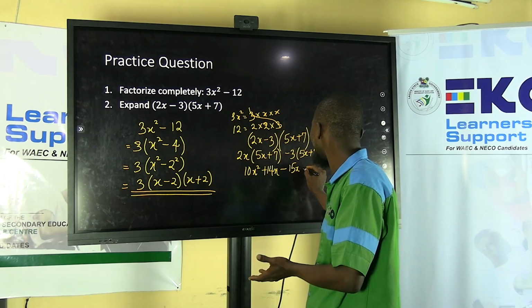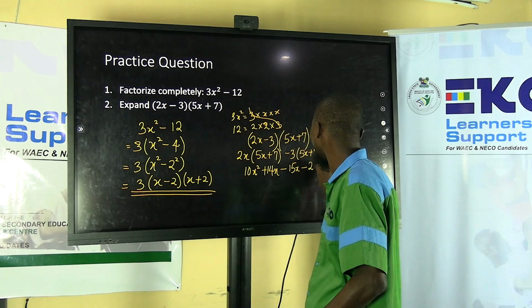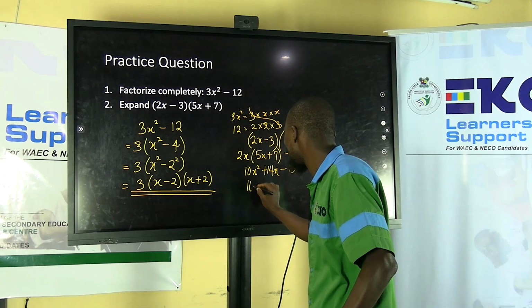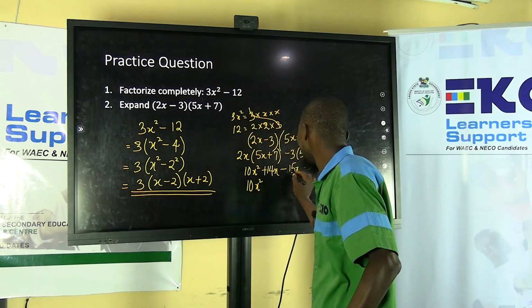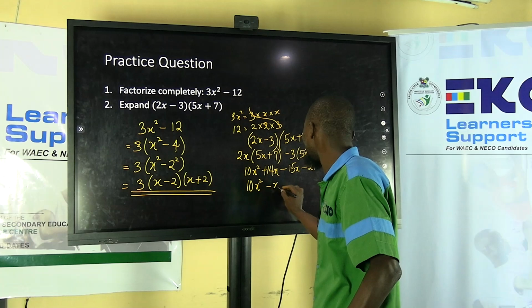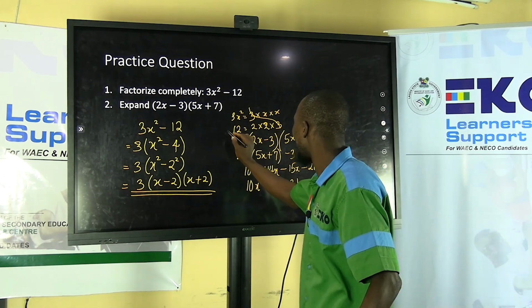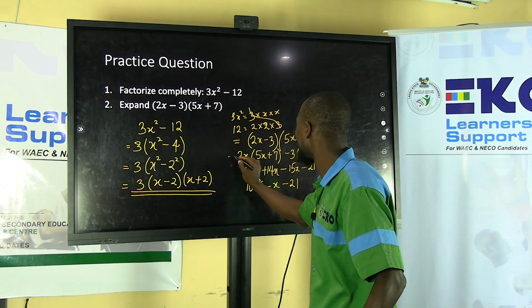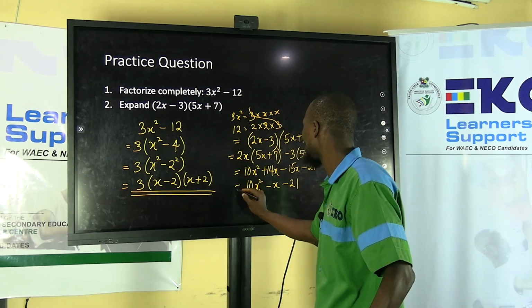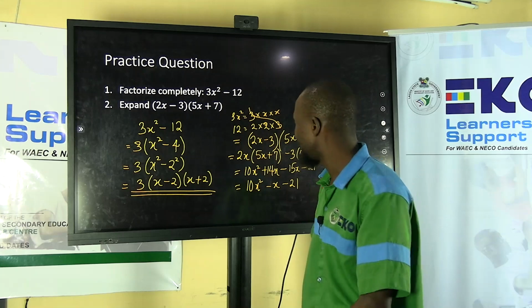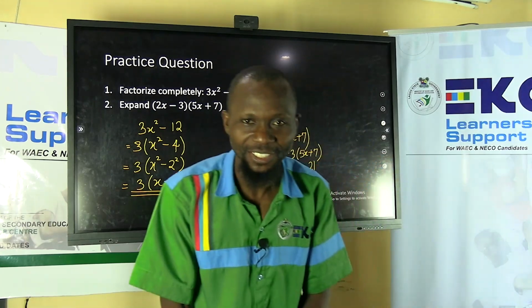Minus times plus, minus 3 times 7, minus 21. So we have 10x squared minus x minus 21. All right, so this is equal to this, equal to this. I hope you got that? Yeah, fantastic.